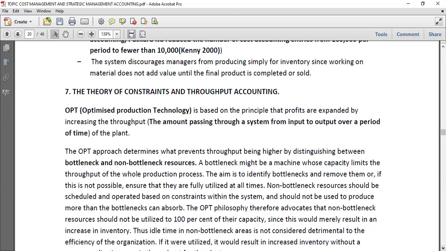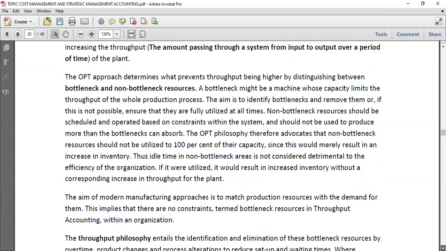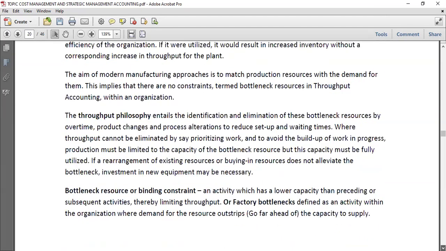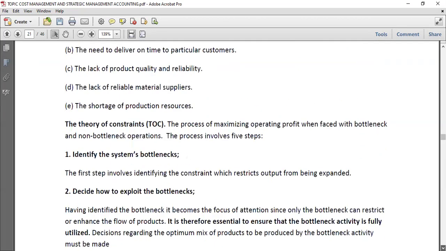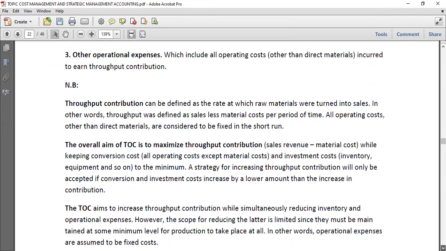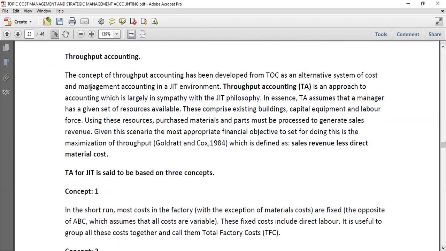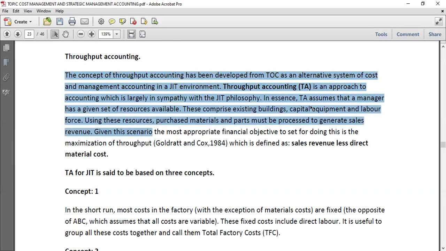Throughput is the amount passing through a system from input to output over a period of time of a plant. You can read this. At least you have the notes. I just want to concentrate on what you may need to have more focus on. Okay. At least make sure you read more about the throughput accounting.